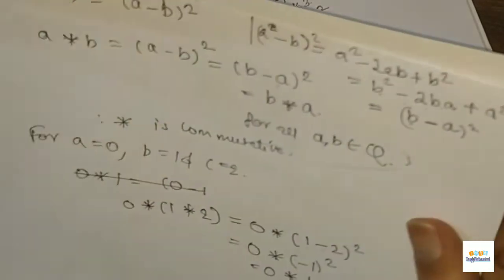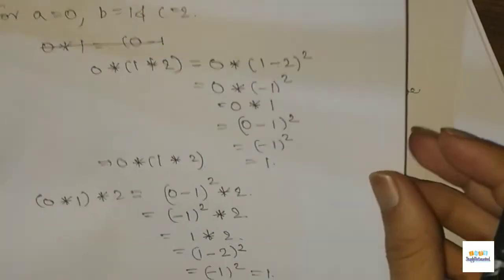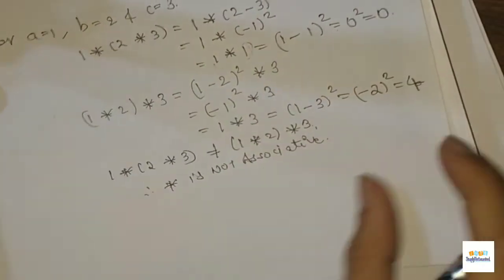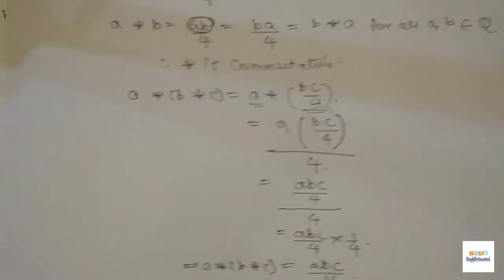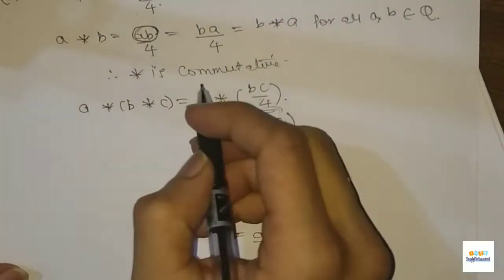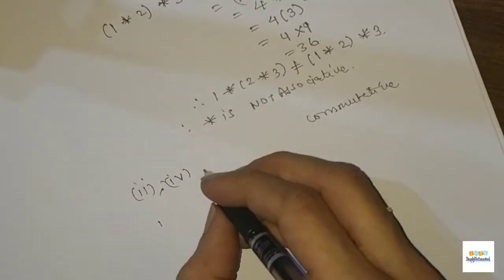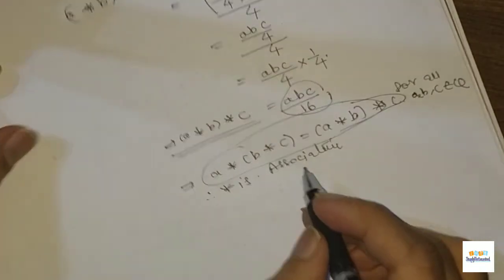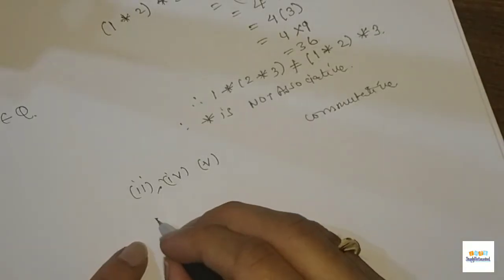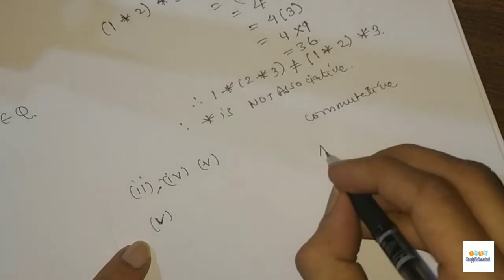Second and fourth are commutative, not associative. Fourth is not associative. And fifth was commutative, so fifth is commutative and also associative.